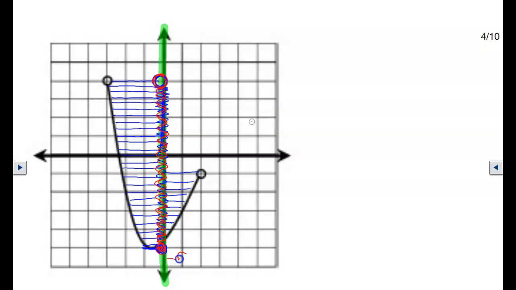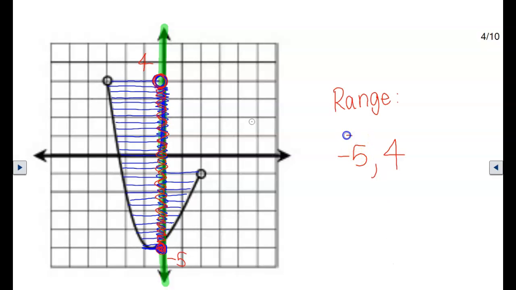So that would be negative 5. And then here's 0. That would be 1, 2, 3, 4. So on that y-axis, I can trace back to everything from a negative 5 all the way up to a positive 4.